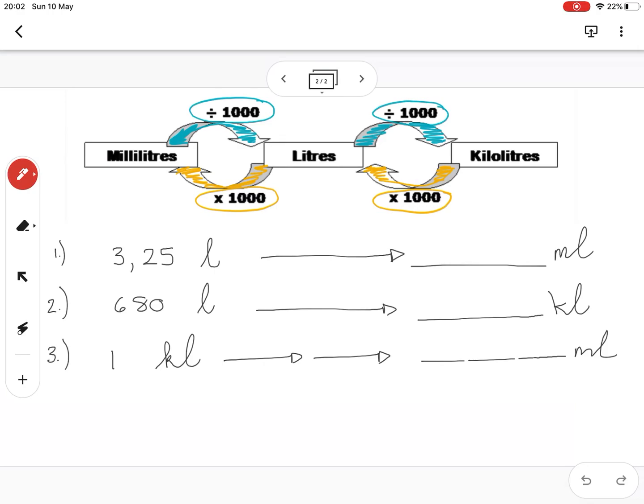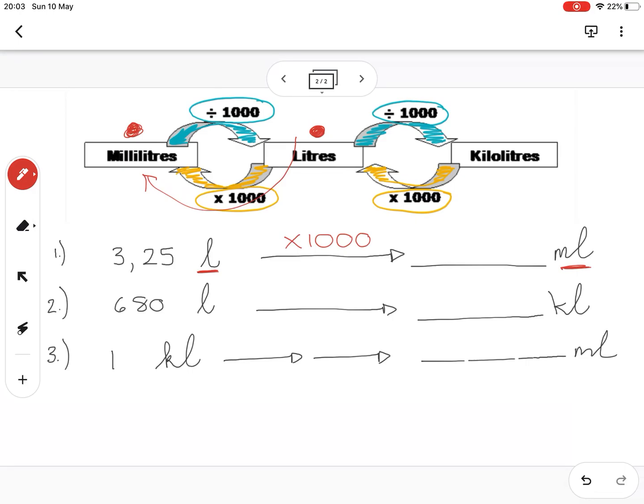So if I have 3,25 liters, that puts me here, liters. I want this liters to be turned into milliliters, that puts me there. In other words, I'm moving to the left. So I need to times by 1,000 to change this number. Remember moving the comma.